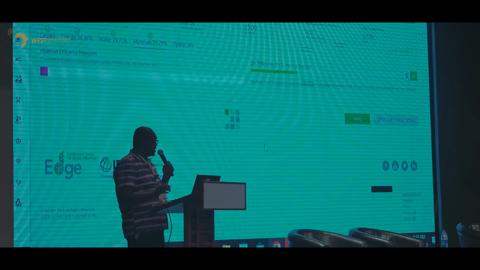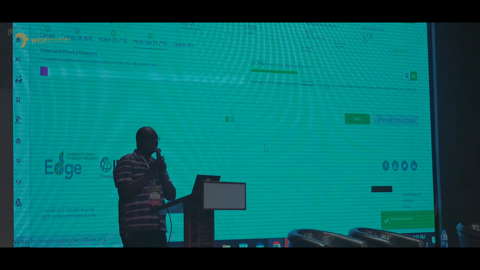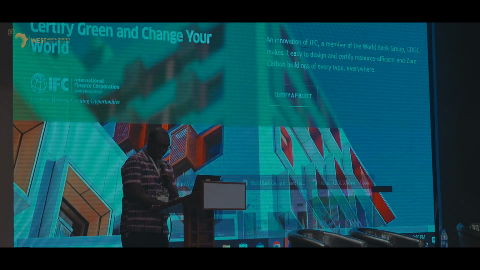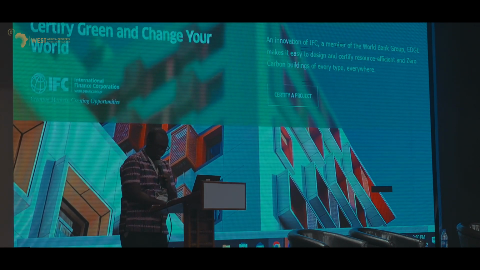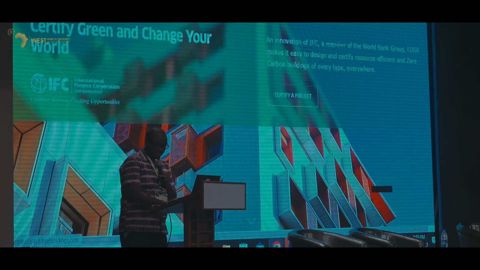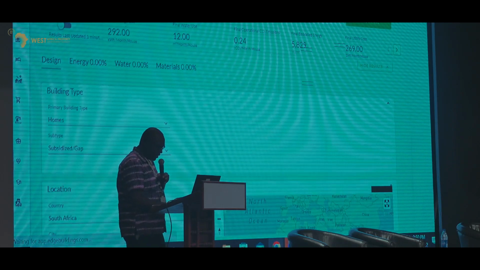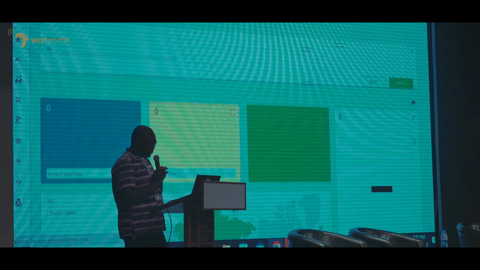So basically, in less than 30 minutes, we've been able to go through simulating a building here in Lagos and ensuring that this building is actually green and meeting the EDGE standard.